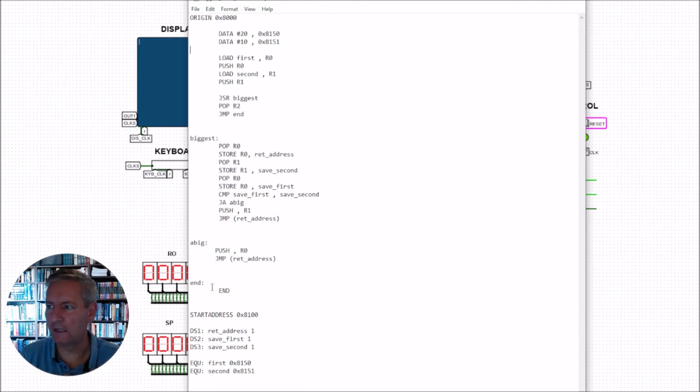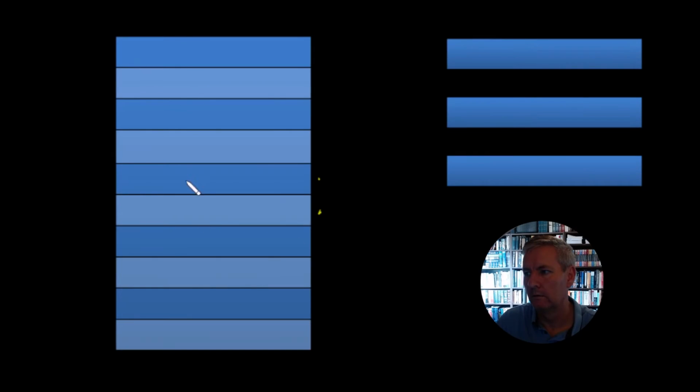Maybe difficult to see here, but what I've done is I've drawn it out in a little schematic of it, and I'll show you that schematic now. So we have our general memory here, we have our registers here. Let's call this register R0, R1 and R2.